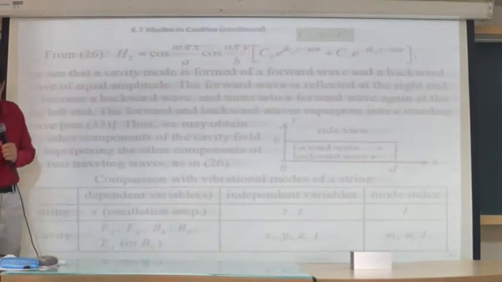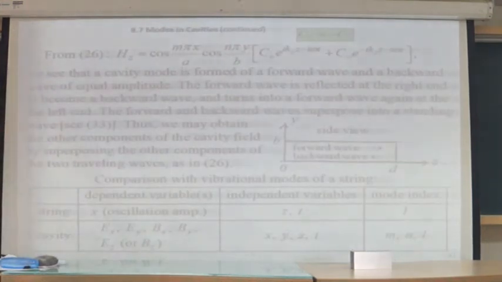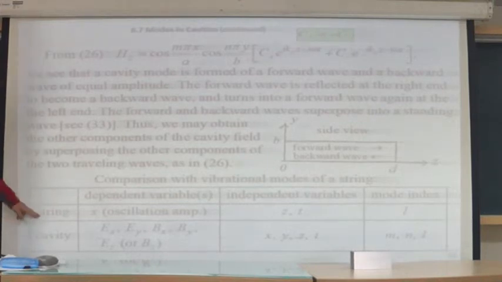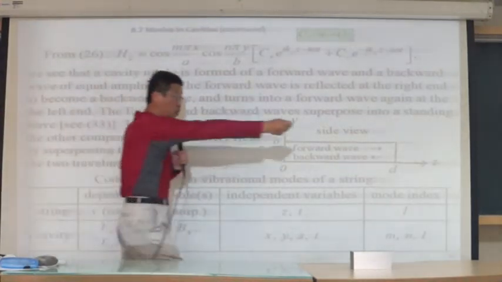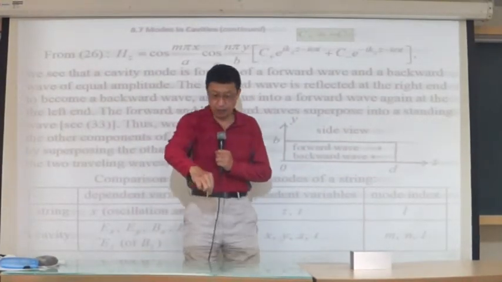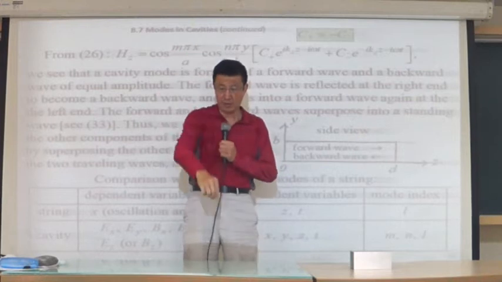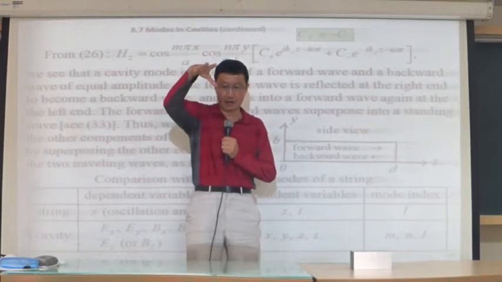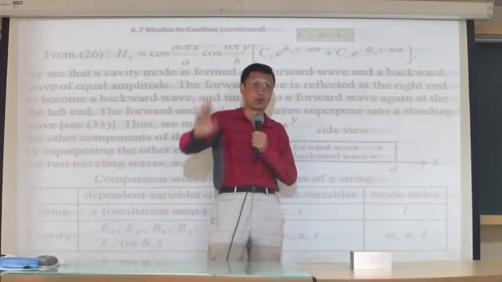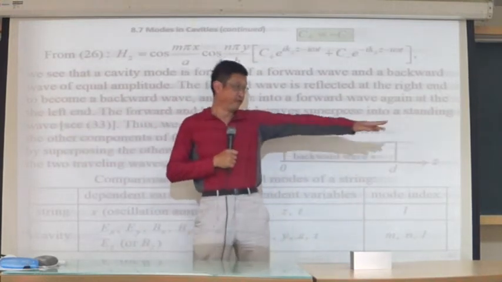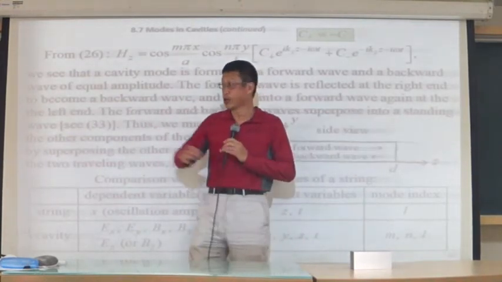Okay, have a closer look. Now kz becomes quantized. Compare with a string. Just imagine we have a string, a wire from this end to the other end. Then we pull here and release, let go. Fixed ends, so it's quantized.